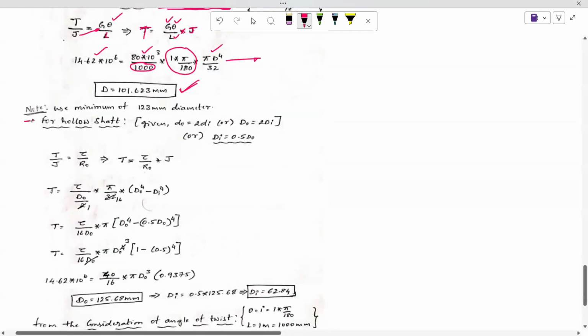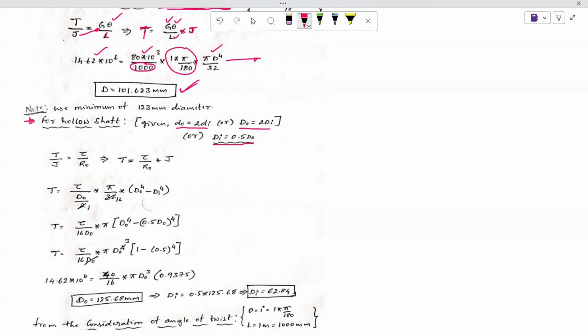Second condition, you need to consider the hollow shaft. For this condition also, you need to find out the external diameter and internal diameter. How to find that? That is also very simple. But for that, a condition is given. You need to see that the outer diameter or external diameter is twice the internal diameter. So d naught is equal to 2 times di.